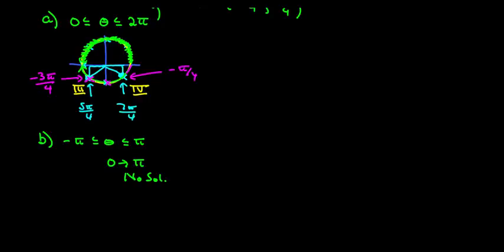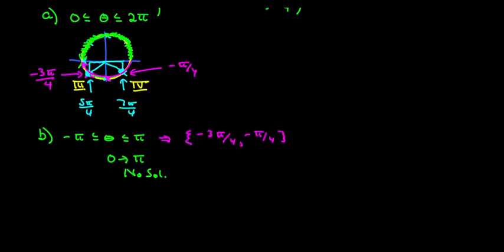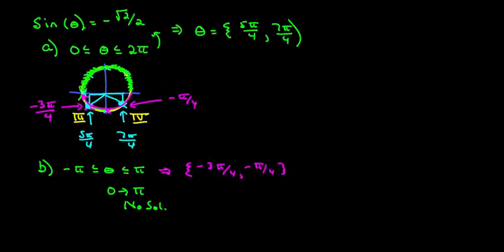So what I did was I worked backward in this direction. So our solutions are the two angles, negative 3 pi over 4 and negative pi over 4. Those are the only two angles between negative pi and pi that will have a sine value of negative square root of 2 over 2.